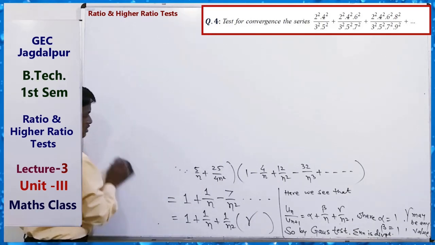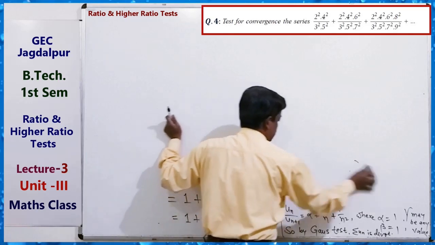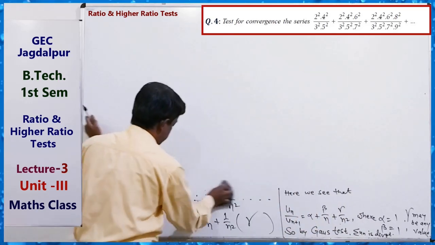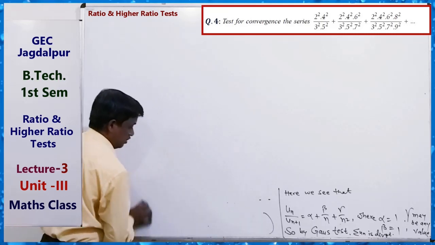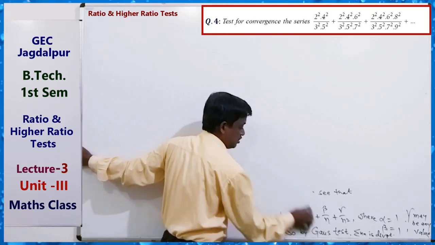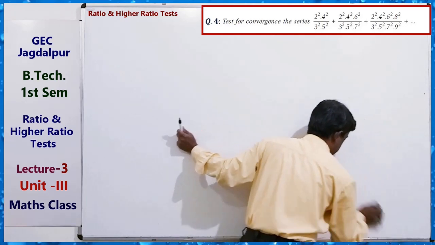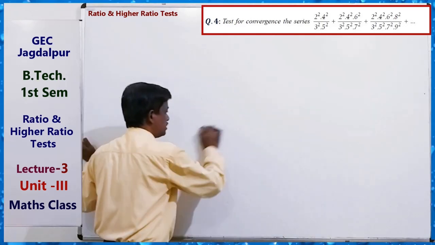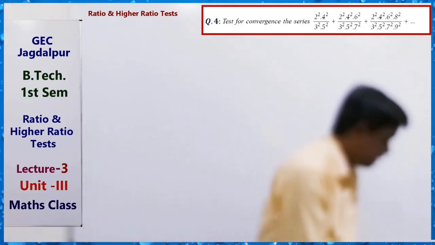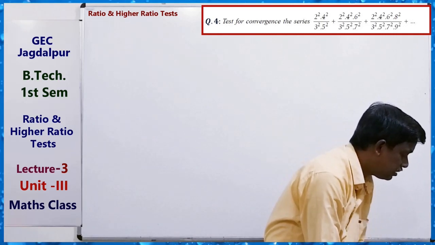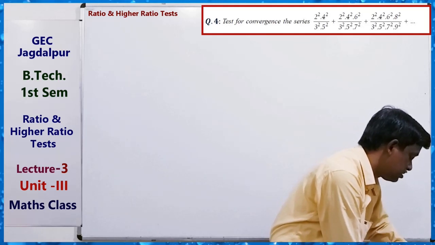In a similar way, just find ratio, starting from ratio test and then reverse test or logarithmic test, and if they fail also, then you can use what? Further test. If Gauss test fails, in this case two tests are there, that is De Morgan's test and Bertrand's test.